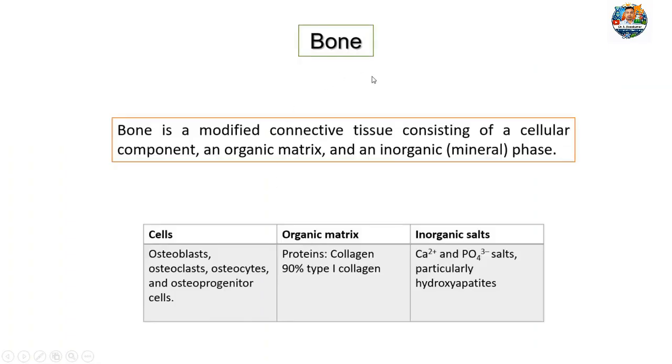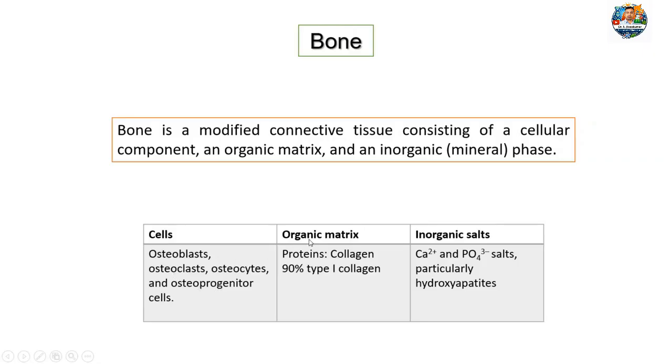Bone is a special connective tissue which consists of three major components: the cellular component, organic matrix, and inorganic component. The major cells present in the bones are osteoblasts and osteoclasts, and in addition to this, there are mature osteoblasts called osteocytes, and other cells called osteoprogenitor cells, which are the precursor cells for the above cells.